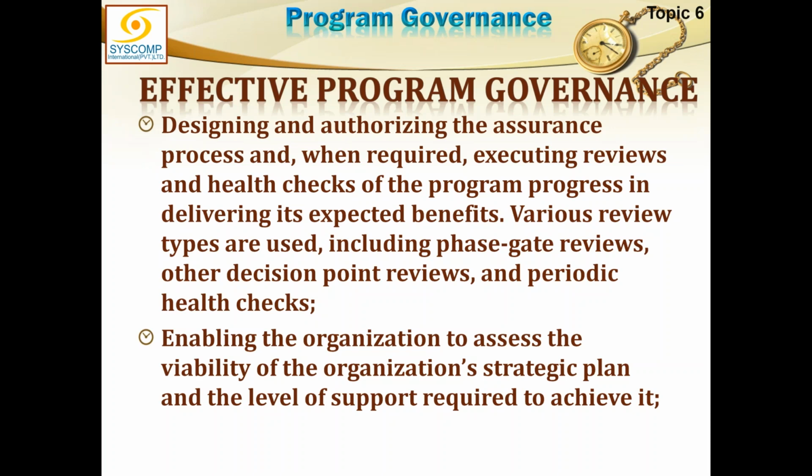Now, these are the various ways through which the governance board can peep into the program. Whenever a phase is completed, naturally the decision to vet that phase is with the governance board. So the governance board will be looking at it and making a decision.